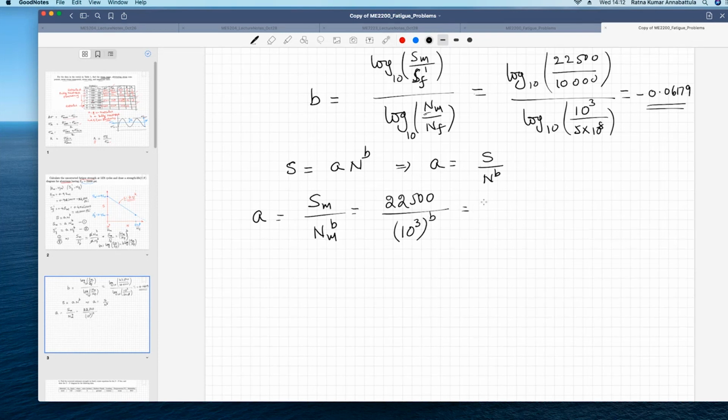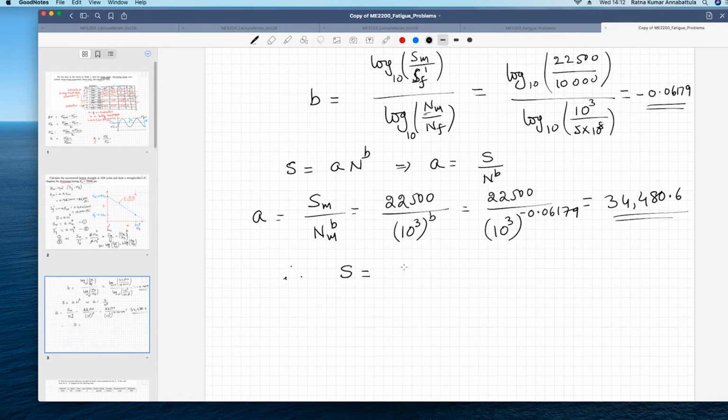What is the B? So that is equal to 22,500 divided by 10 cube to the power minus 0.06179. Okay, so that turns out to be 34,480.6. That is your A. So now I can write my equation.